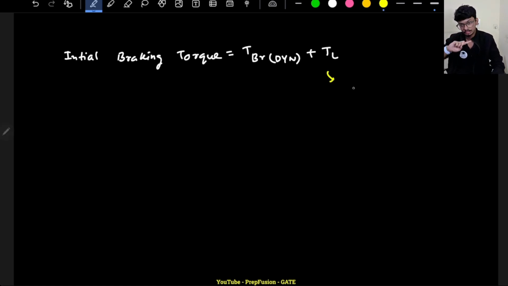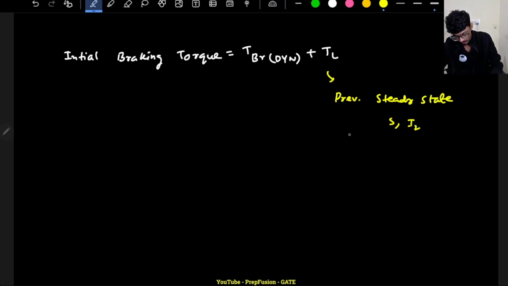It is very simple. You go back to the previous steady state, right? So from the previous steady state, you know the slip, you know the current I2, right? You can simply find out what will be the previous load torque.